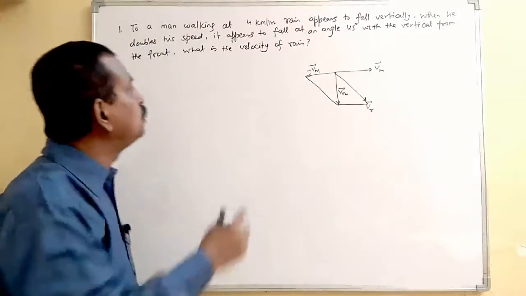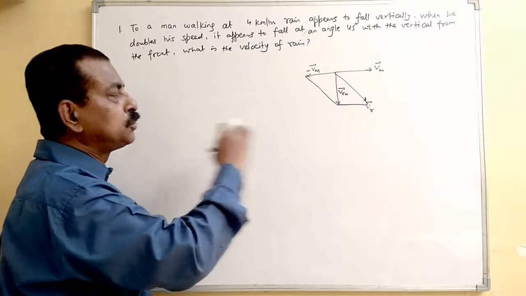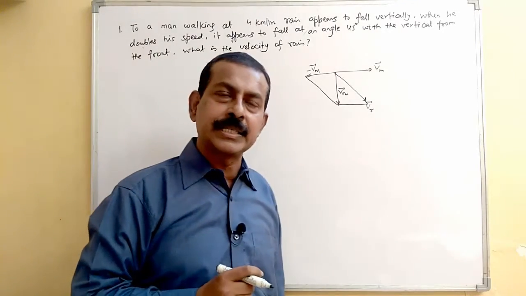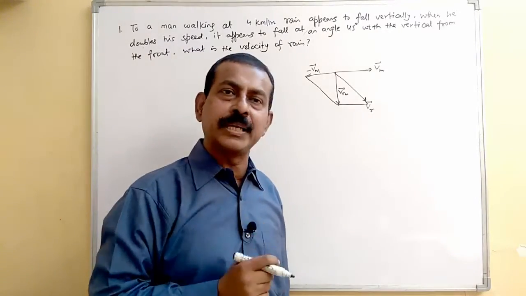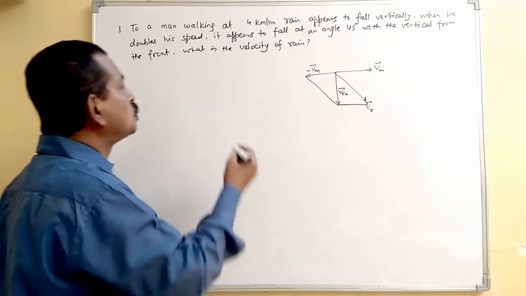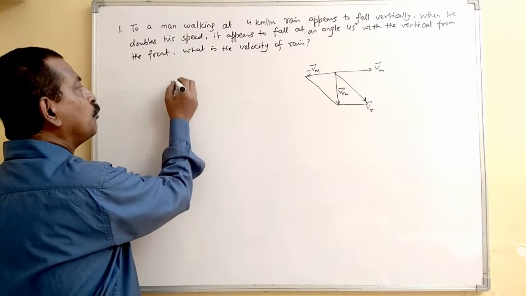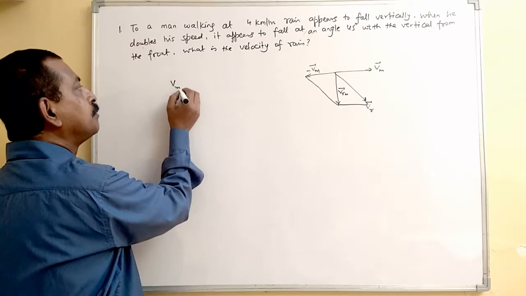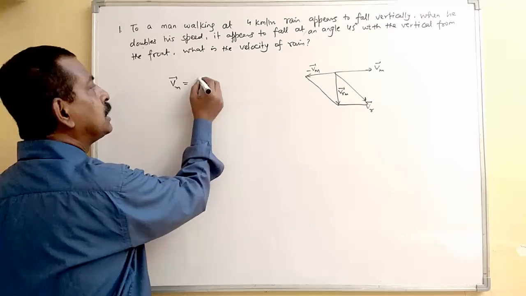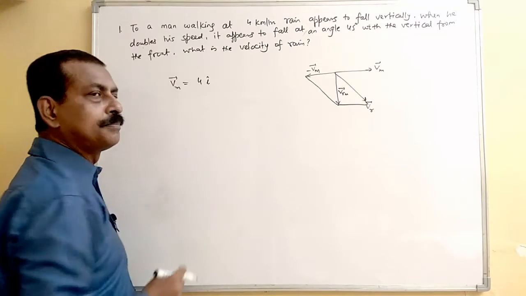What we do, we assume that the horizontal direction is the x-axis and vertical is the y-axis. So here, velocity of man, we can represent as 4i cap.